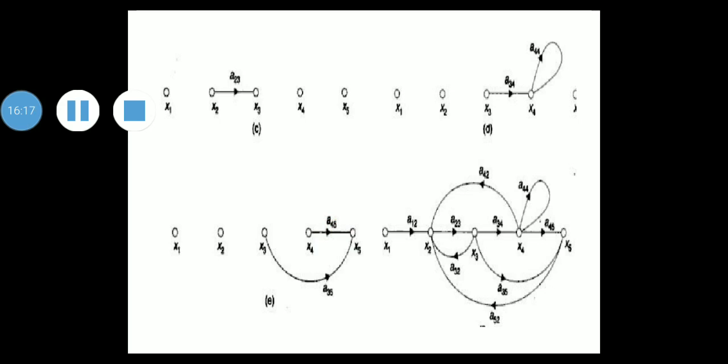Then we have to combine all this, and it will give the complete signal flow graph. So take the figures of all four equations, combine them, then we'll get the complete signal flow graph.